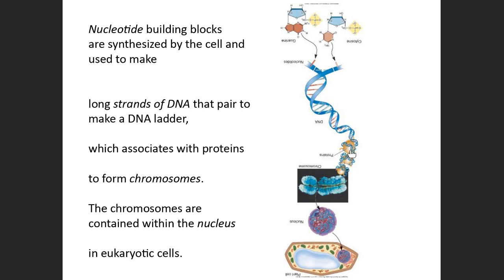Like if you knit, you're not going to leave your yarn free in a big glob. It's going to be wound up into a ball, so it's easier to pull a little bit out and it doesn't get tangled and broken. So we have it wrapped around these little protein balls so that it can assemble inside the cell.